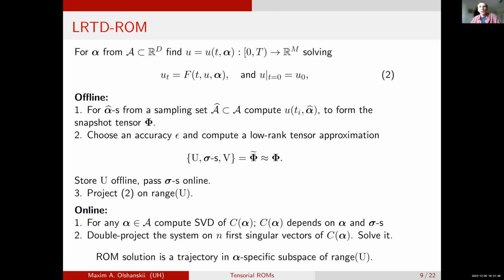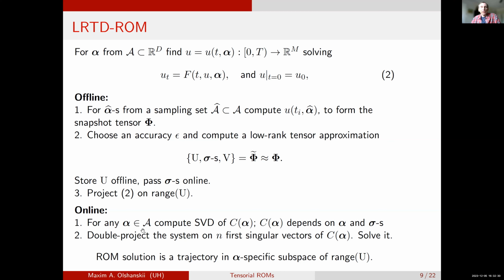Maybe this is 1%, then epsilon is 0.01, or maybe more, like 10 to the minus 3. This is what we usually do. We find the low rank tensor approximation if we choose the TT format. This gives us U, these sigmas, and V. We don't need V, we keep U offline, we pass these sigmas online, and before going online, we project our system on the range of this U.